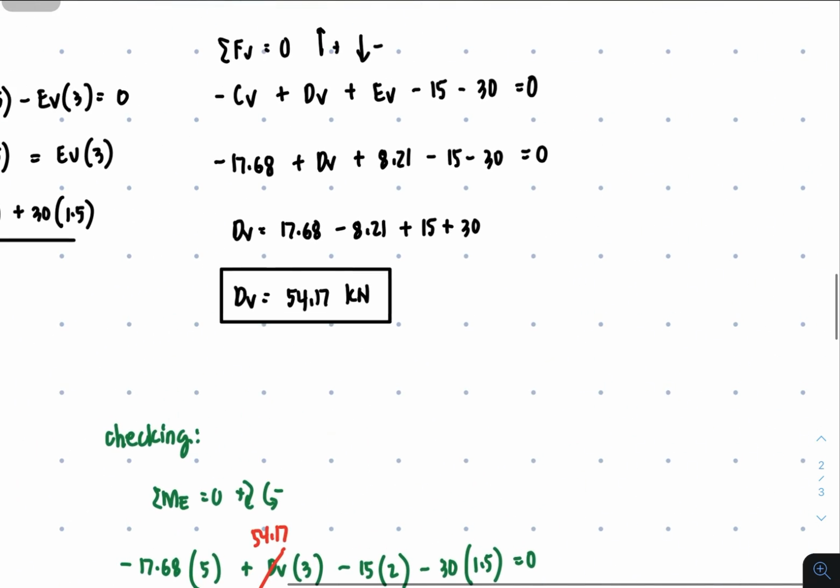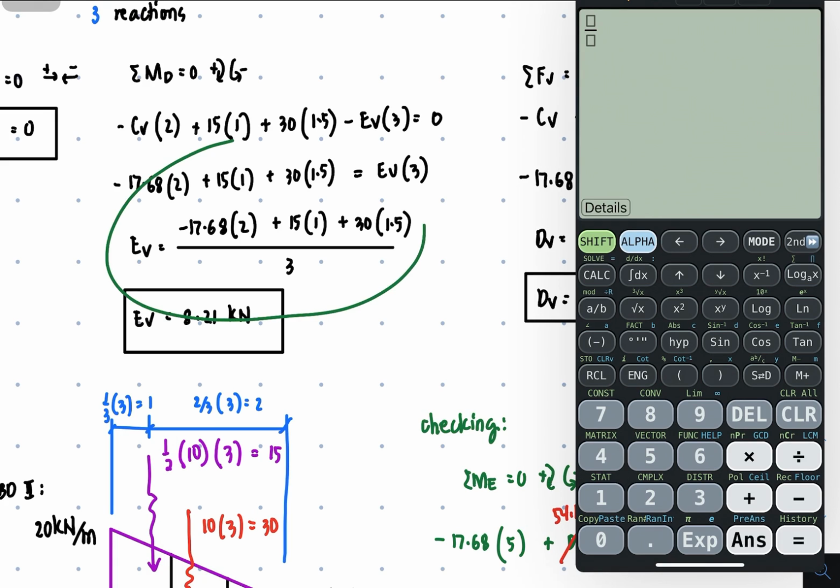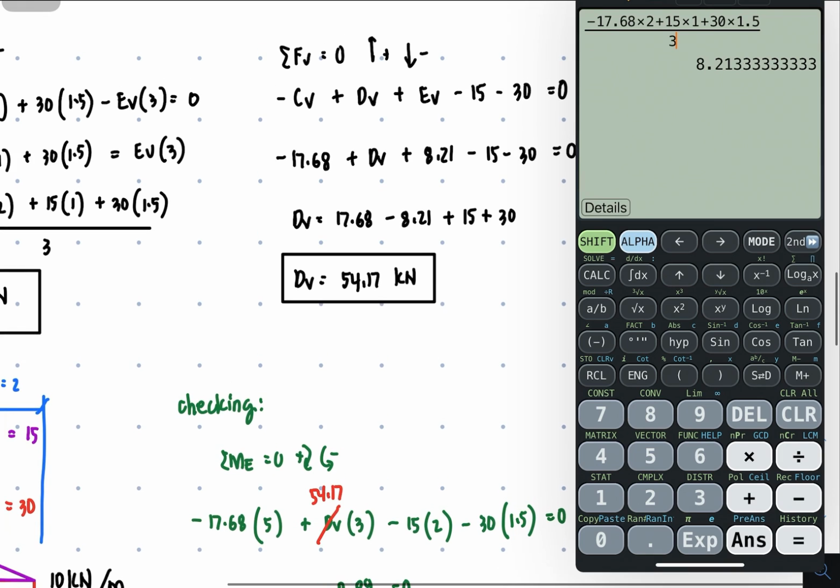Let's investigate this one: negative 17.68 times 2 plus 15 times 1 plus 30 times 1.5, divided by 3. So it's 8.21. Okay, so we have 8.21.